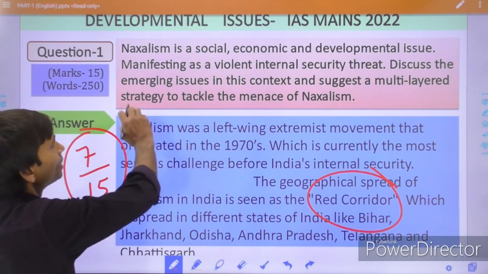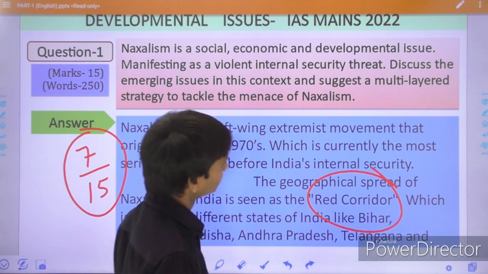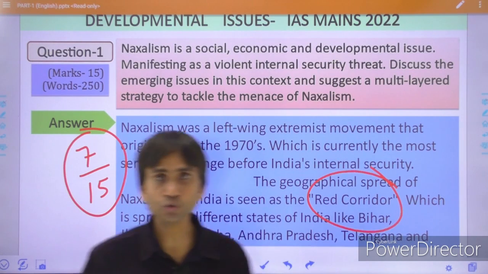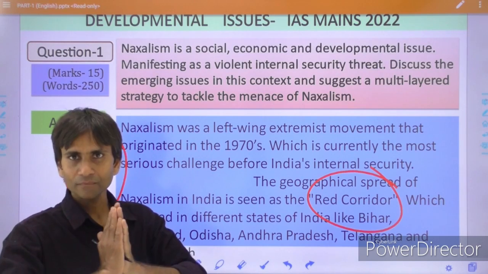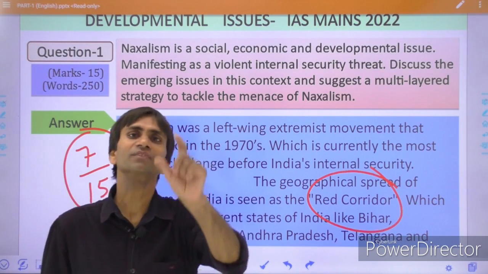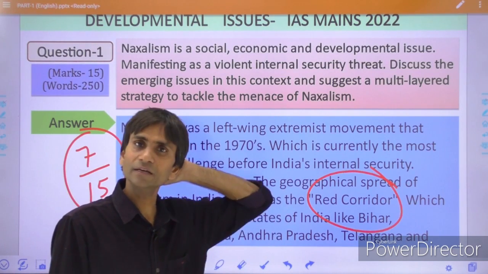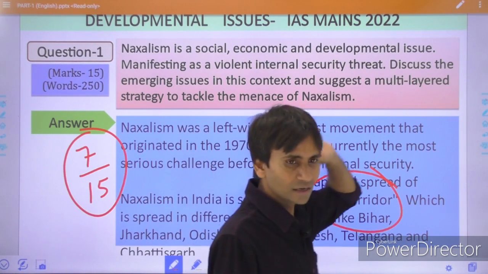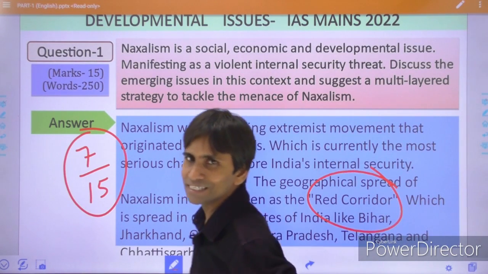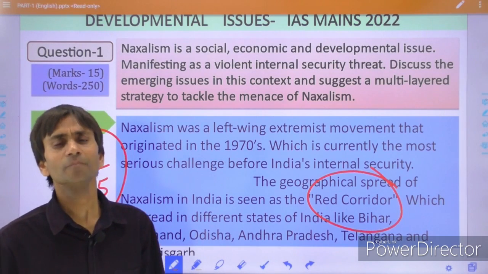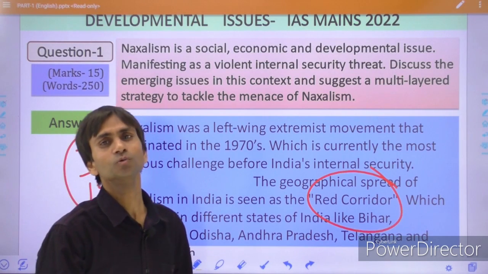And next, it is saying manifesting as a violent internal security threat. Yes, definitely. There are many threats to the internal security of the country, but Naxalism is one of them, and a severe threat, because there are other problems like cyber crimes, smuggling of different categories, even unemployment and poverty, which are also threats and may become a threat to the country.